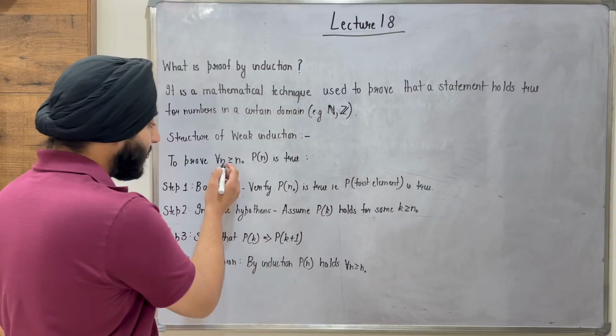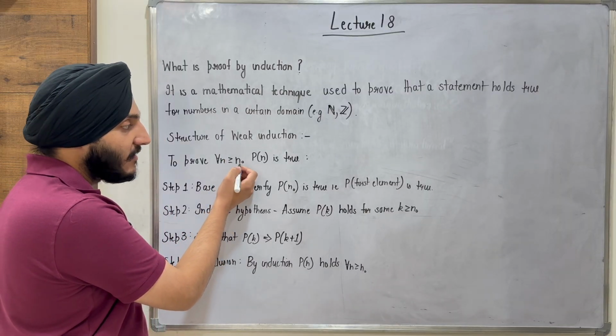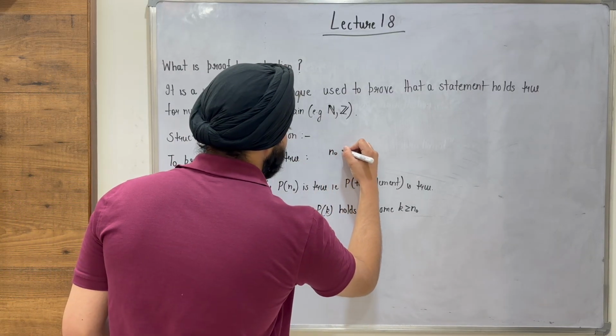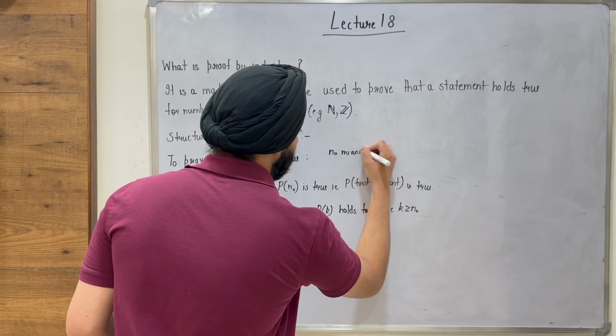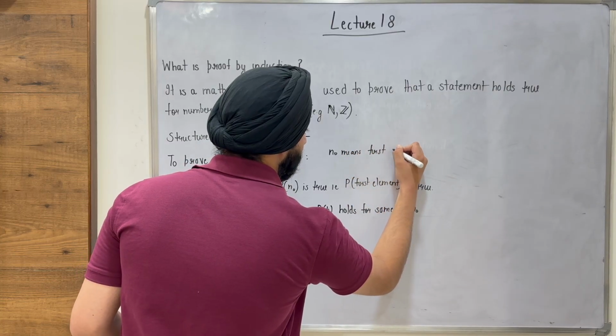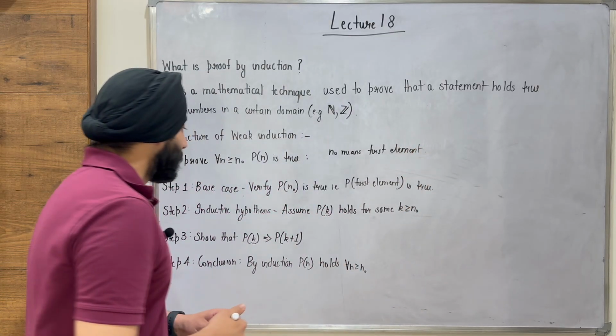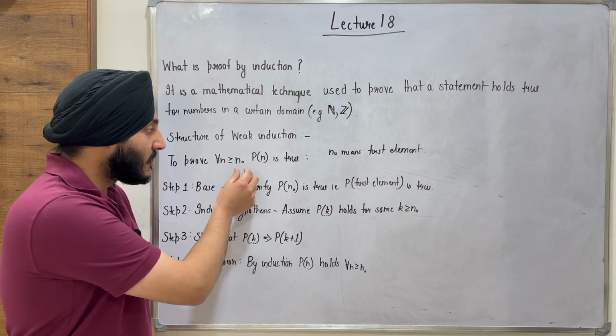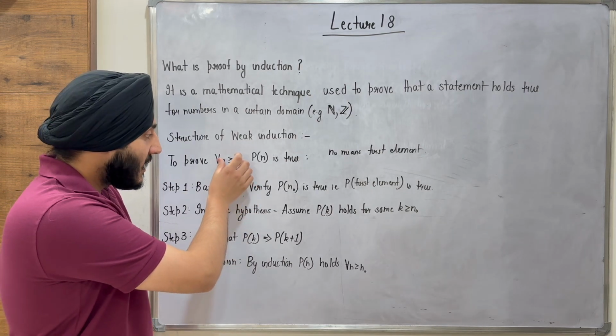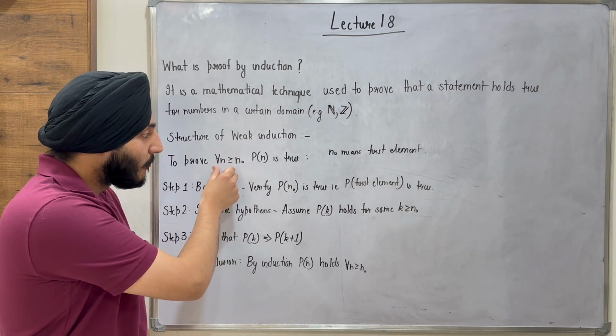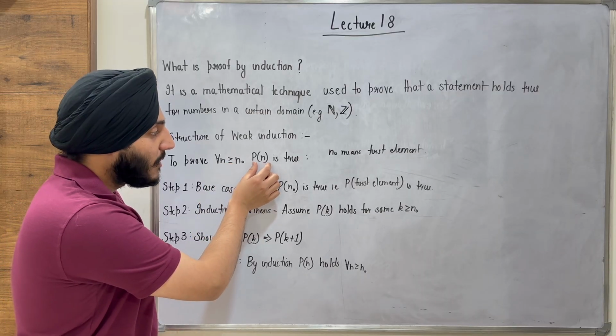Here n is some number, and this n0 means the first element, right? So there's some certain first element, and we are trying to prove that for all the numbers greater than it, some statement P(n) is true, right?